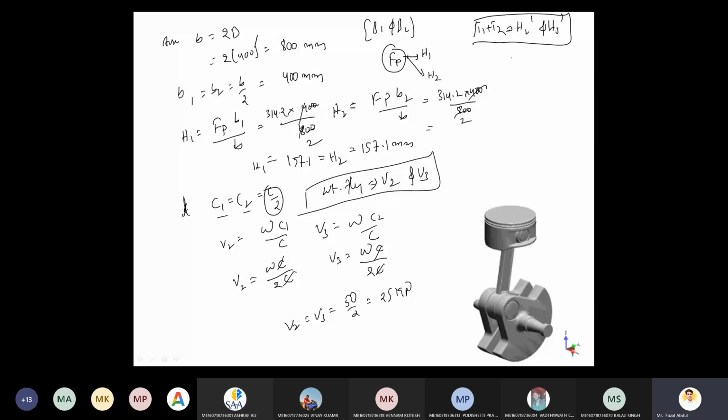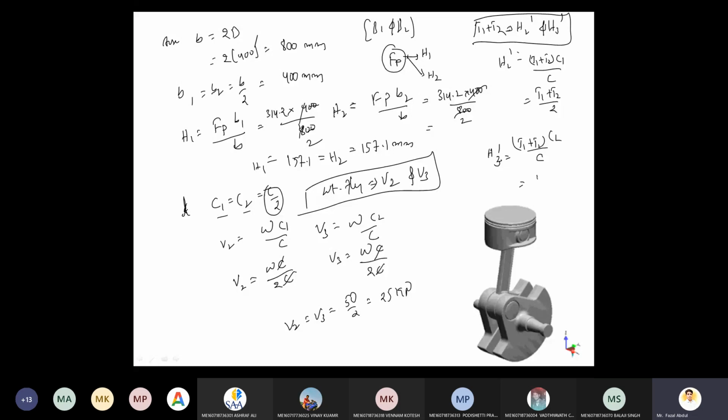H2 dash is T1 plus T2 into C1 by C, and H3 dash is T1 plus T2 into C2 by C. With C1 and C2 assumed as C by 2, this becomes T1 plus T2 by 2.